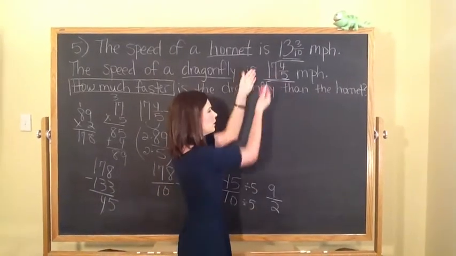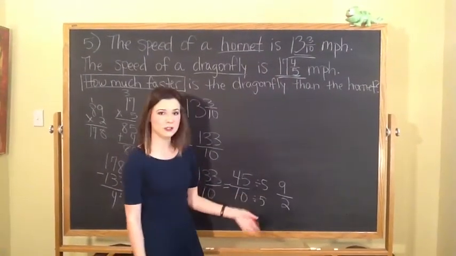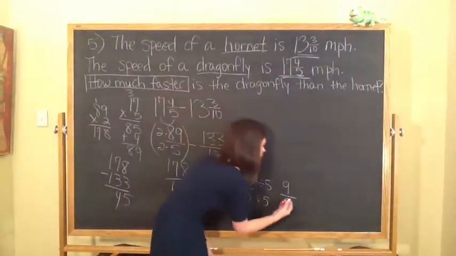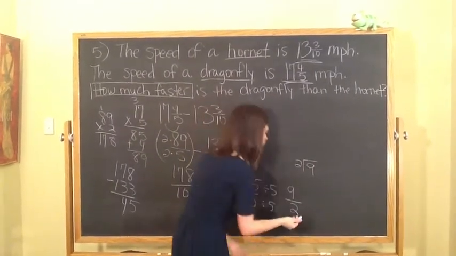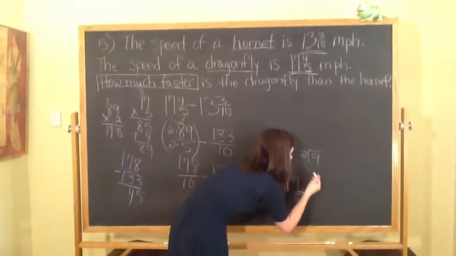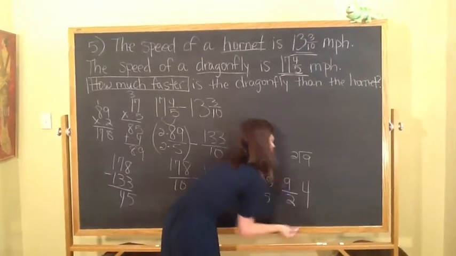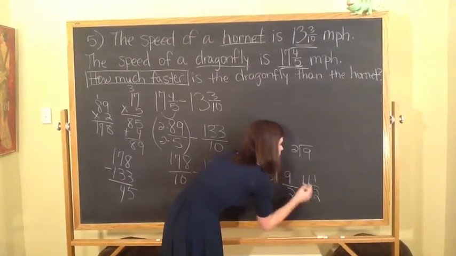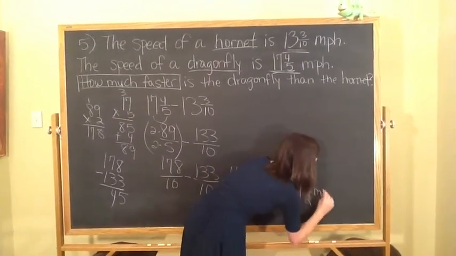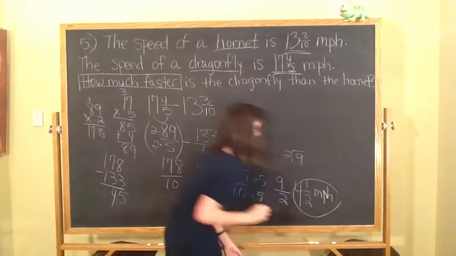So that's why we want to change this one especially back to a mixed number. So let's go ahead and do it. 9 divided by 2, so 2 goes into 9 about 4 times, because 4 times 2 will give you 8. And then you'll have 1 left over, so 1/2. So it's 4 1/2 miles per hour faster than the other.